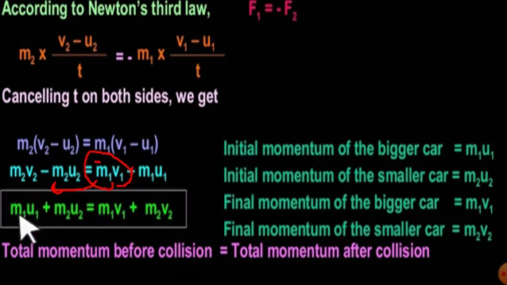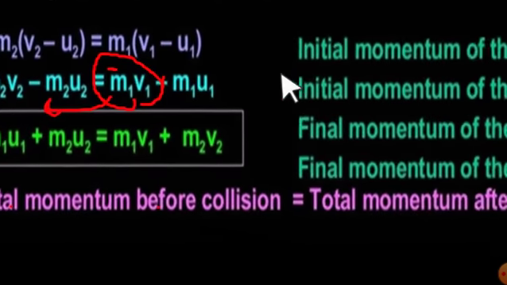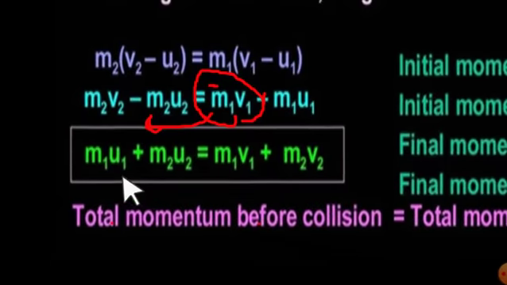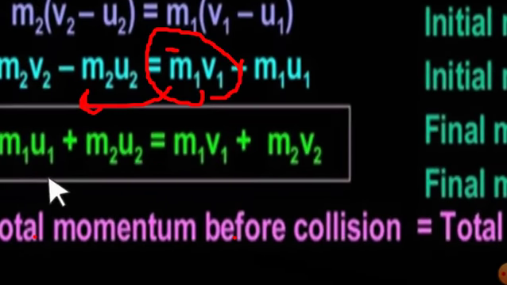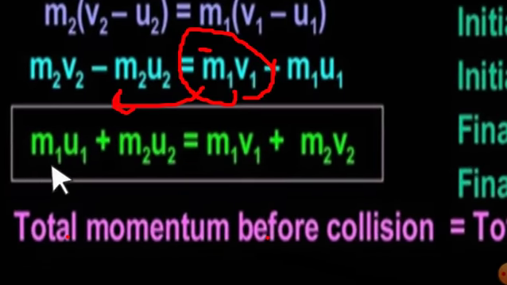Now this M1 U1 is the momentum of the bigger car of mass M1 moving with initial velocity U1, right?